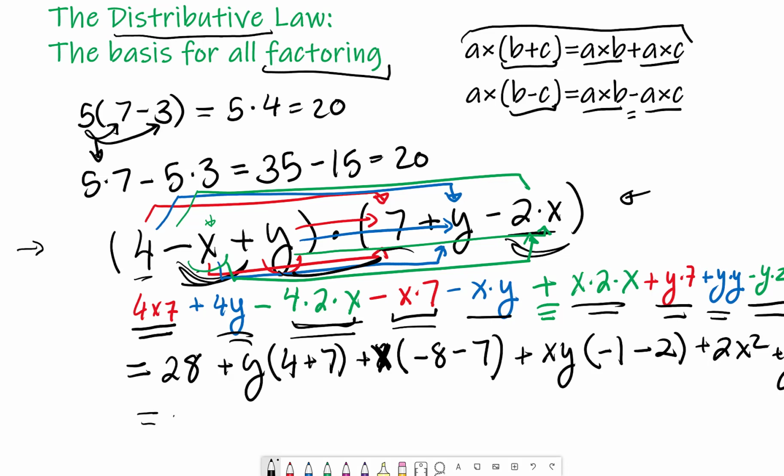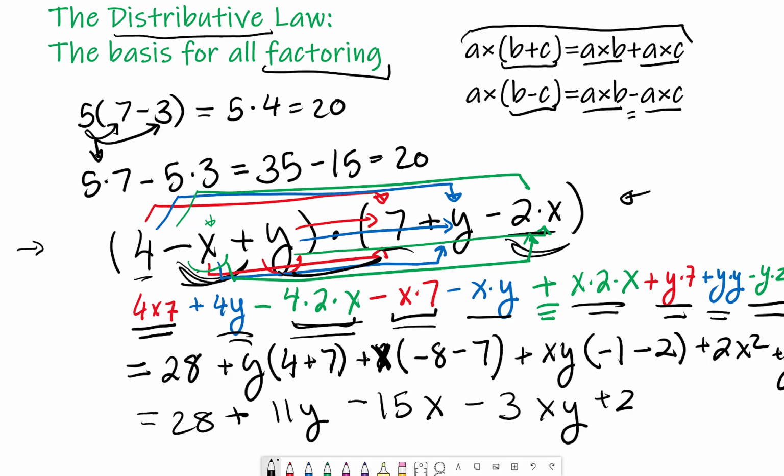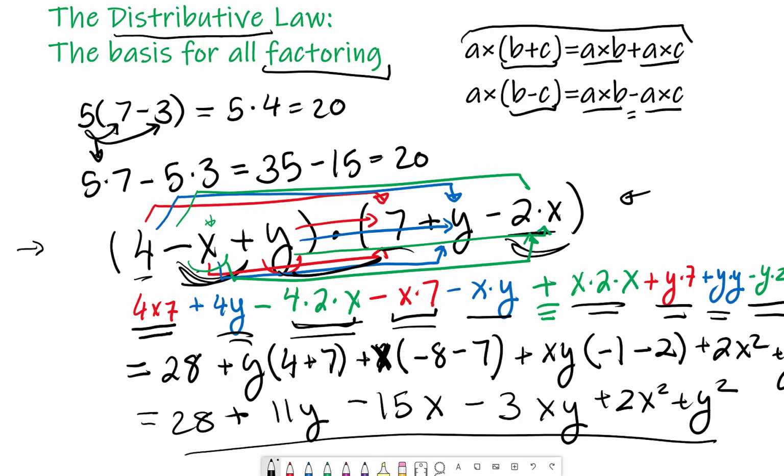Right? So we have 28 plus 11y minus 15x minus 3xy plus 2x squared plus y squared. And that is the end result of opening up these two parentheses for this complicated multiplication.